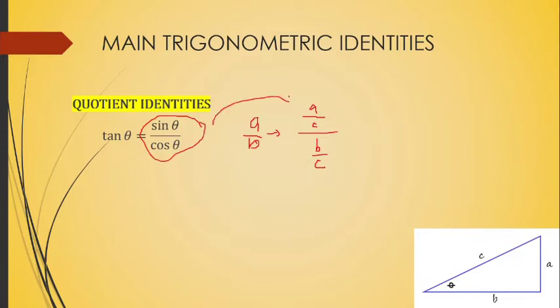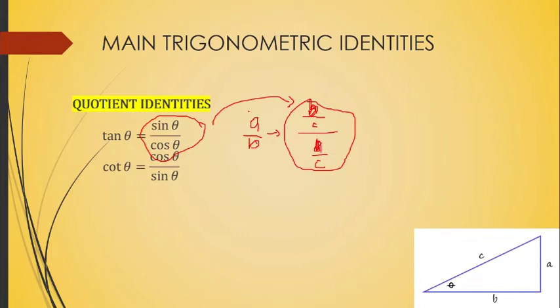I will share a bit of trivia: I discovered this when I was reading my favorite book, calculus. This is the proof that tangent theta is equal to sine theta over cosine theta. And for this one, just flip it. That is the reciprocal of tangent.